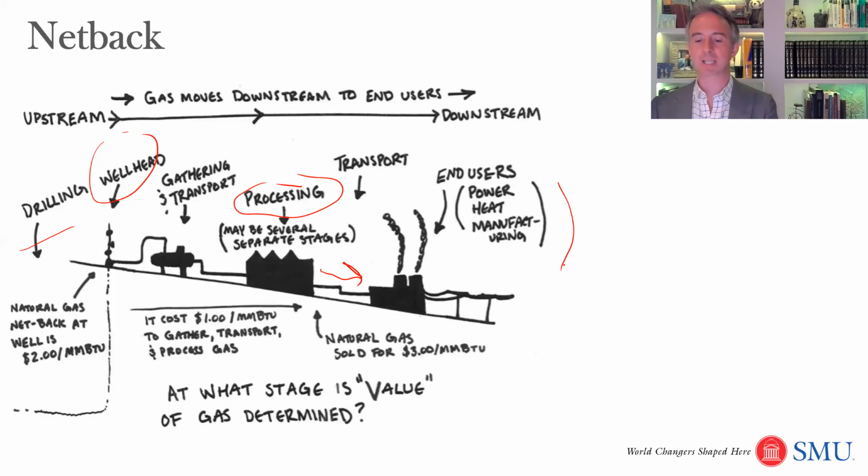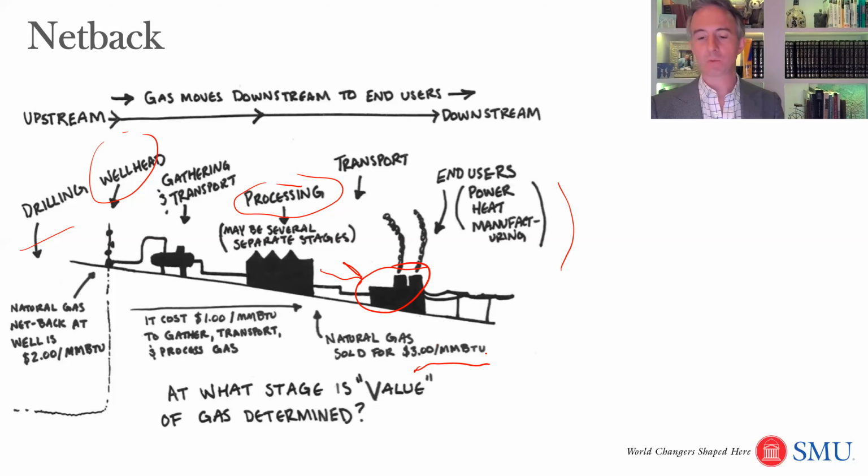So if we really wanted to simplify, we could say, well, what if you sold to that end user here for $3 an MMBTU? The units that we use for natural gas are typically MCF, which is a measurement of volume, or MMBTU, which is a measurement of energy content.